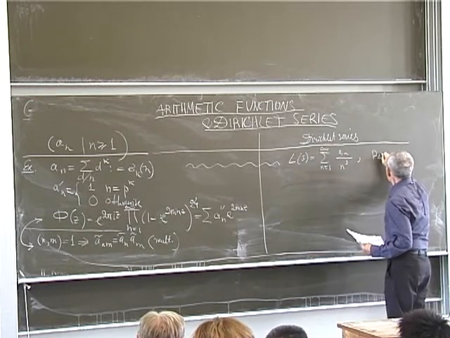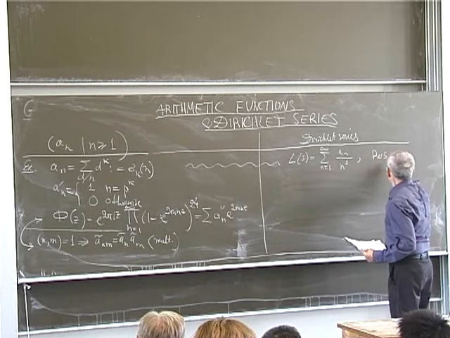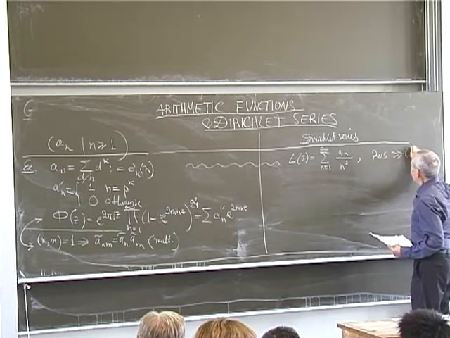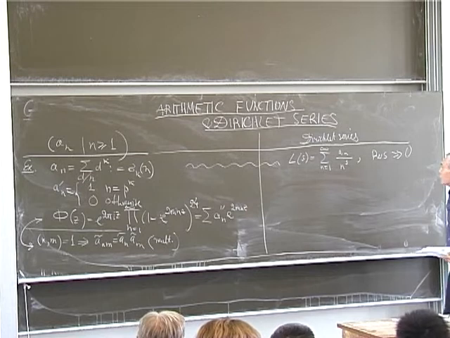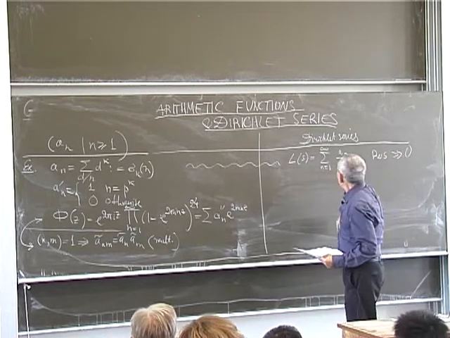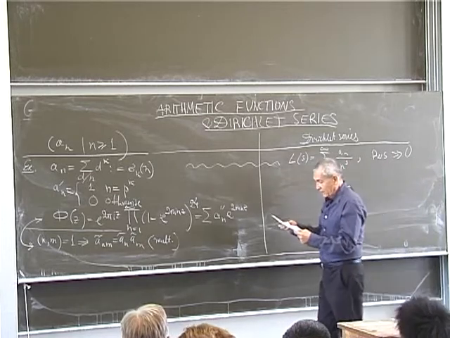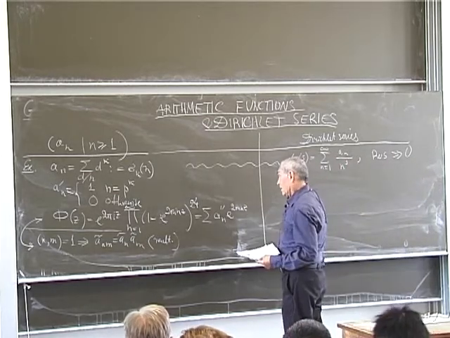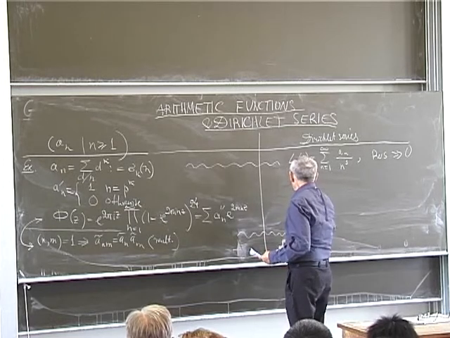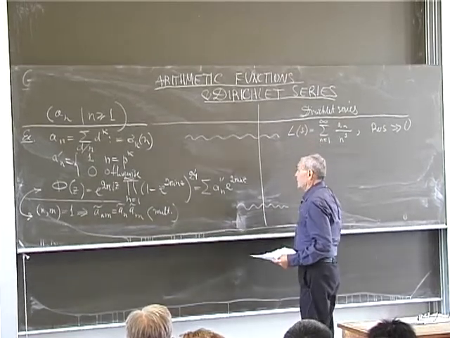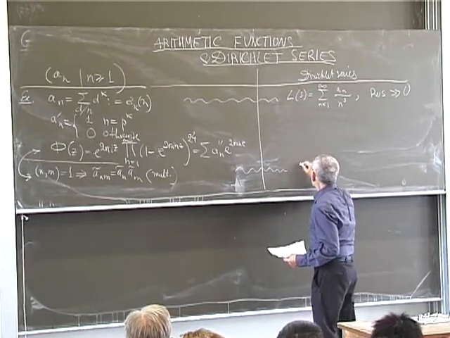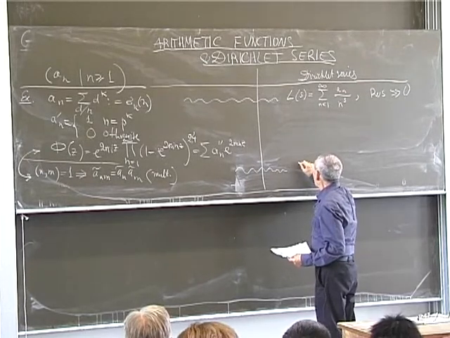It usually converges when the real part of s is sufficiently large, if a_n is not growing too fast. And for example, this property is equivalent to the formal Euler product.